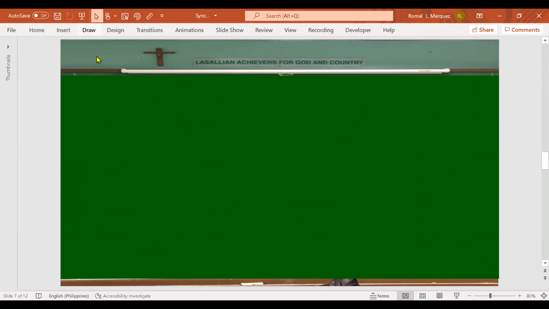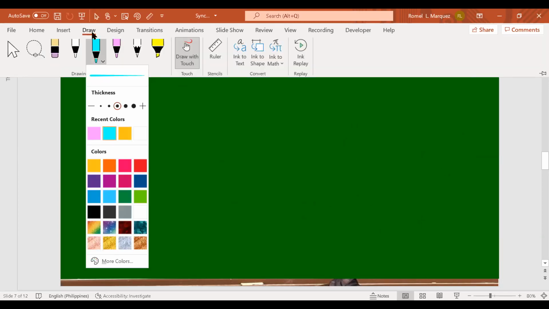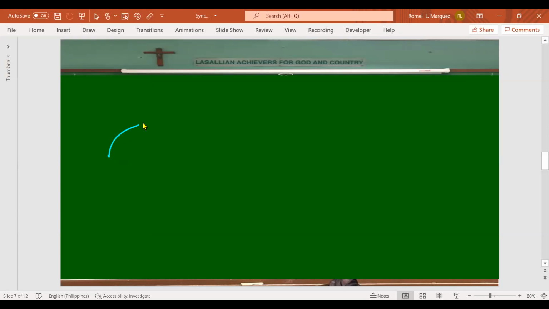For instance, let us have this. Let's say I have this curve, and then I will be having some questions. Okay, so let's put a number line.